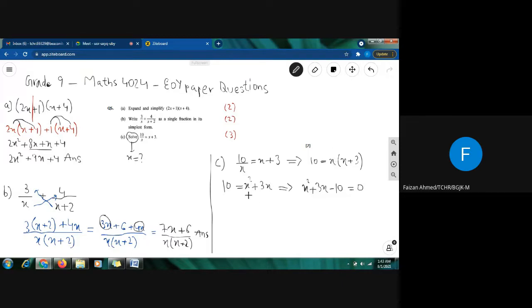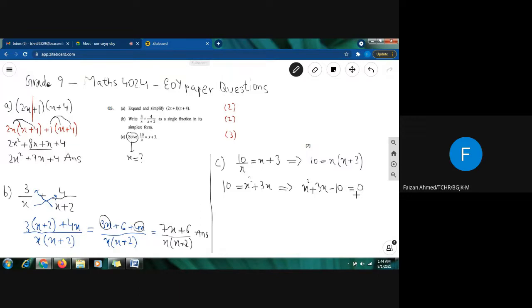And since I have to solve it, this is basically a quadratic equation. Since there is an equals sign and a square power, this is a quadratic equation. So I will shift this 10 to the other side and convert it into the standard form: x square plus 3x minus 10 equals 0. This is positive 10. When it goes to the other side, it will become negative. So this will be minus 10 equals 0.